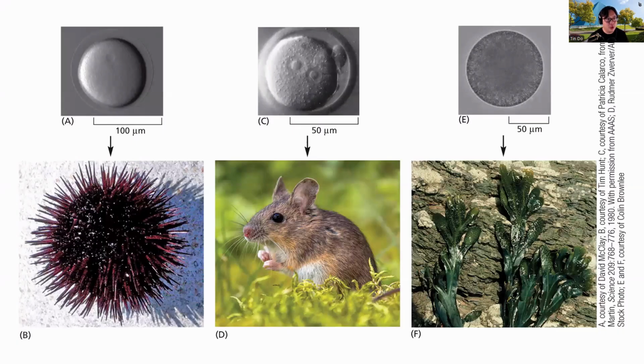But one thing that you do want to take a look at is the size ratio of each of the cells. The sea urchin's fertilized egg is around 100 microns big, while with a eukaryotic mice as well as a plant, you can see that they're roughly between 50 to maybe 100 microns big, at least in terms of the scaling. And so that's something that you want to also keep in mind.